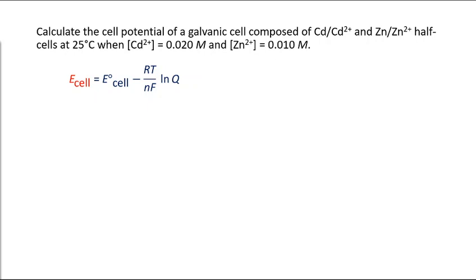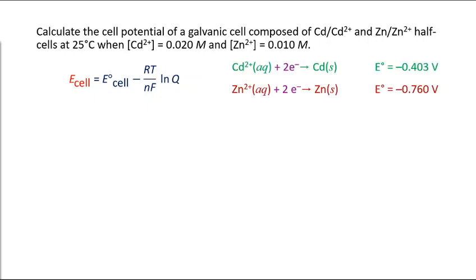And so the other thing that we have, because I'm telling you specifically what half cells we're using, is we can either determine and or look up our half cell reactions. Because I'm telling you that we have cadmium 2 plus and zinc 2 plus, we know in order for cadmium 2 plus to become cadmium solid, it has to gain 2 electrons. Same deal with zinc.